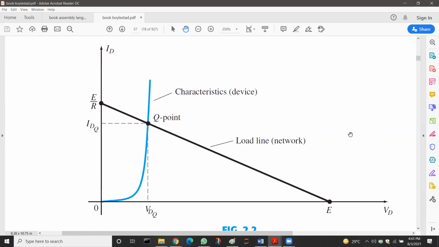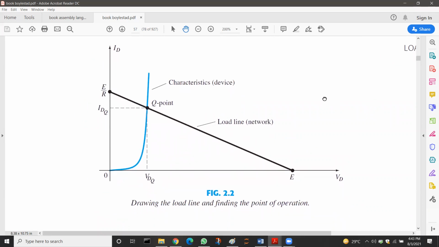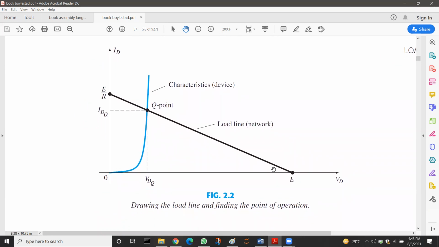So to learn the concept of load line: the load line primarily represents a line which cuts this characteristic curve at a point called the Q or quiescent point. This quiescent point is also known as the operating point of the diode, and at any instant of time the diode Q point can be determined.